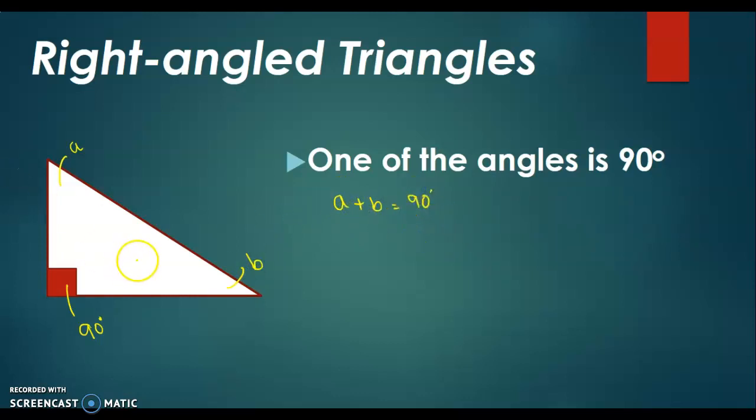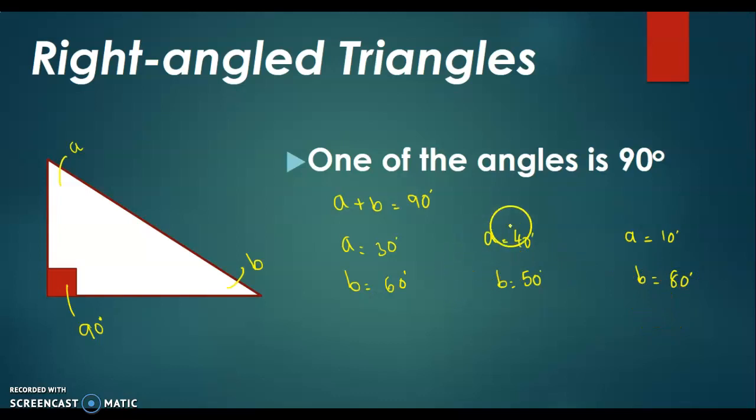So the combination for A and B could be 30 degrees and 60 degrees, or A could be 40 degrees and B could be 50 degrees, or in theory, A could be 10 degrees and B could be 80 degrees.